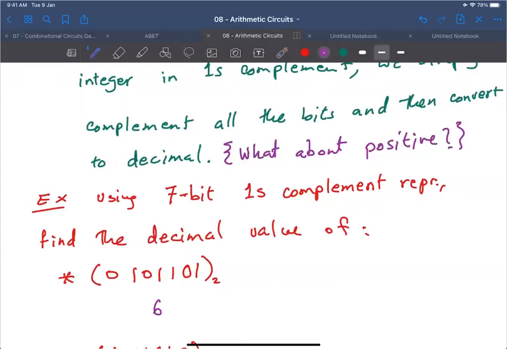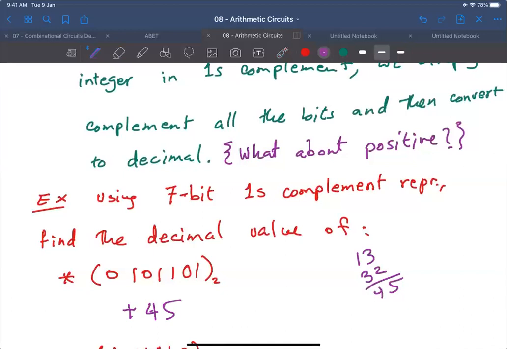Hold on, that is 45, not 54. So it is plus 45.